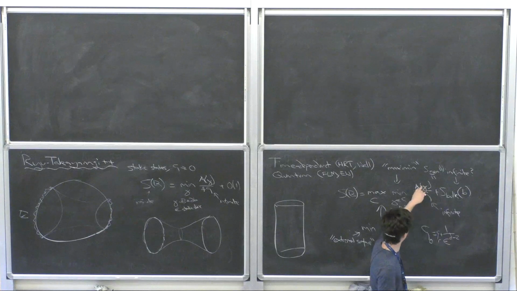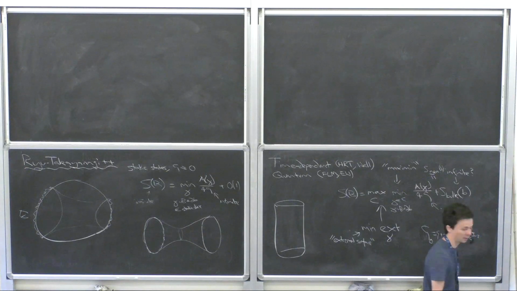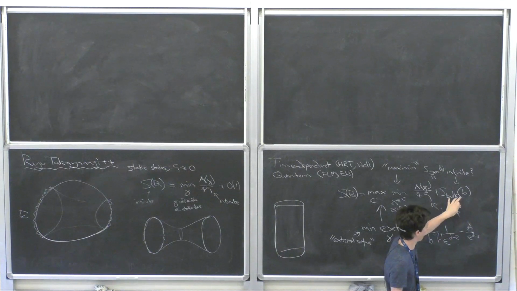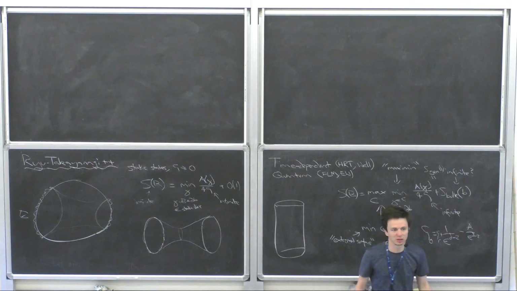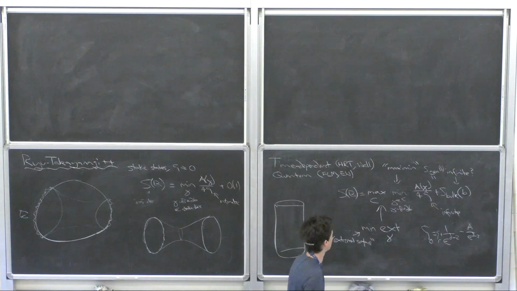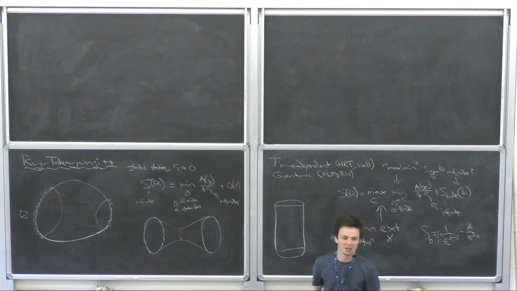Pretend this term is small, and you get a divergence that looks like area over epsilon to the d minus 2 minus that. So that exactly cancels the divergence of area over the length scale d minus 2 from the bulk entanglement entropy. There are other divergences to the bulk entanglement entropy that are subleading.